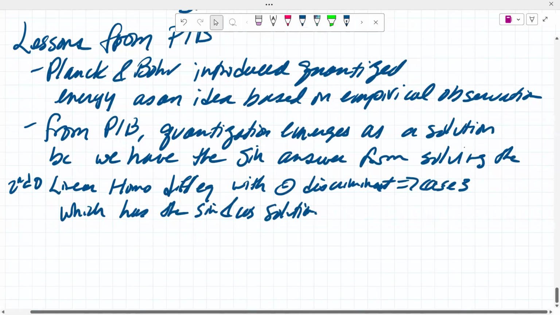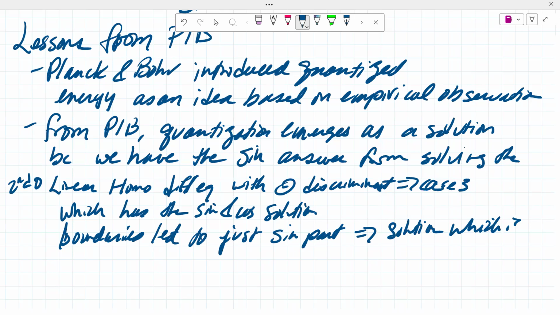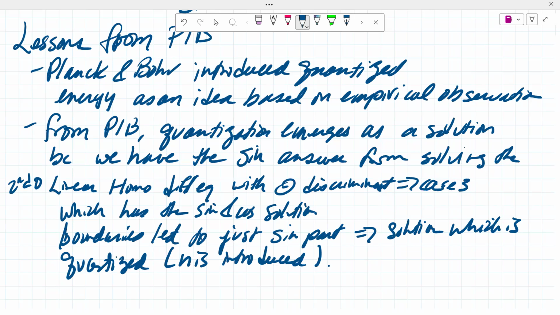Then I'm adding the boundaries. That led to just the sine part, which led to a solution which is quantized and is introduced. Right? And that's how that all happened.